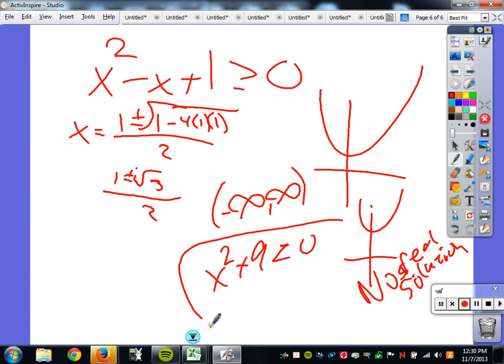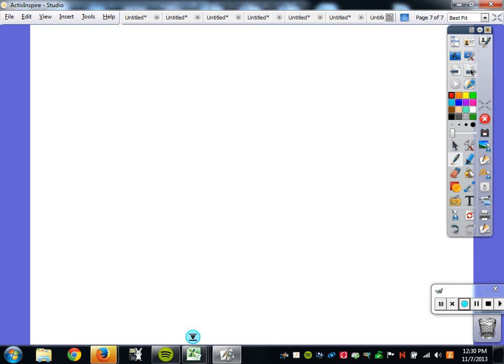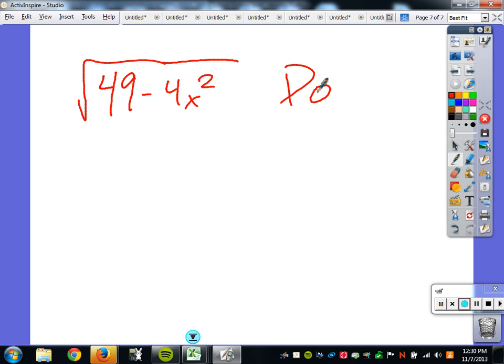Last one. How is this part of our unit? How is that part of what we're doing today with polynomials and inequalities?